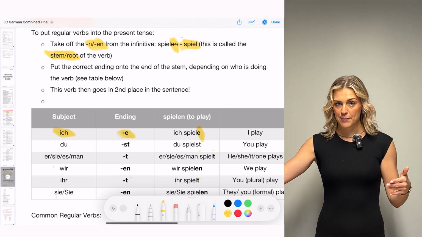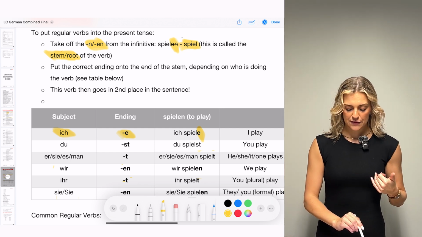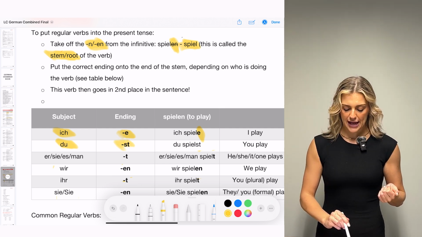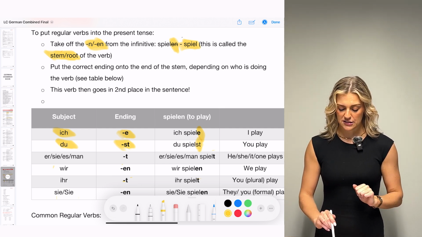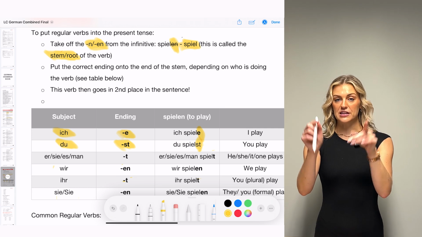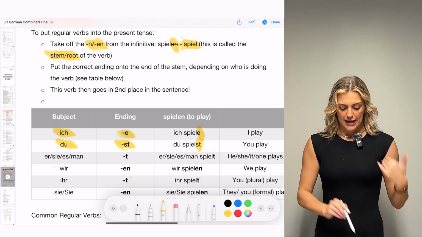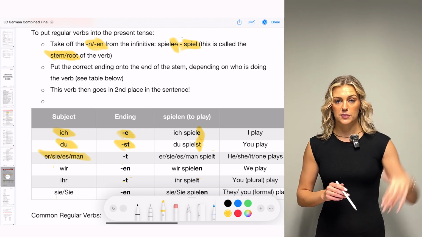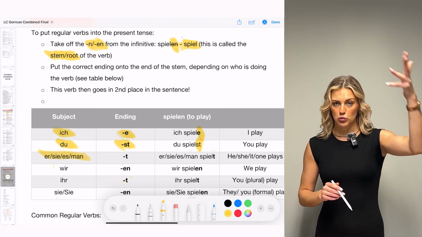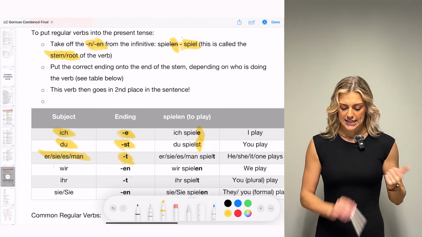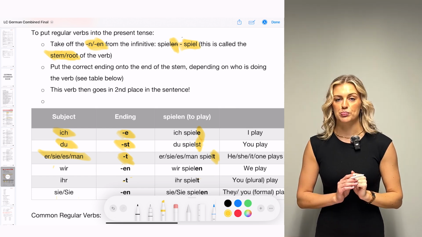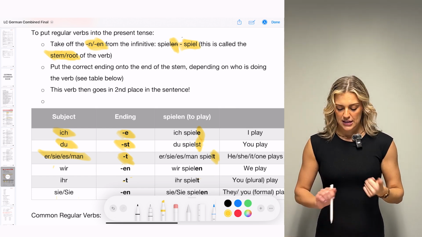If I want to say you are doing the verb, I add on st. My ending is st. So for example, du spielst, you play. If I want to say he, she, it, or one is doing the verb, so he plays, she plays, it plays, one plays, they will get the ending t. That's my third person ending t. So sie, es, man spielt. Okay, he, she, it, one plays.